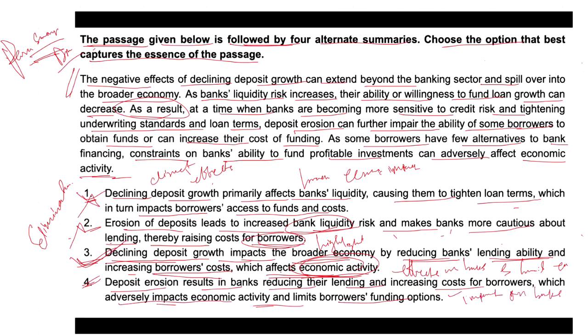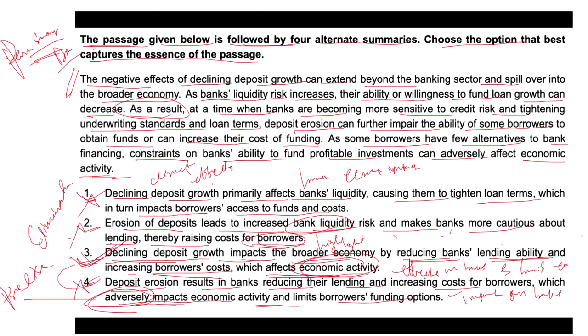So it is stated about adverse effects on economic activity, but is less precise. You can say it is a wordy one, not precise about how these factors interrelate. So in that case, we consider 4 is also not the appropriate summary, or you can say 4 is not as good as option 3, right? So in that case, option 3 is the good one or the better one, or you can say the best of all.